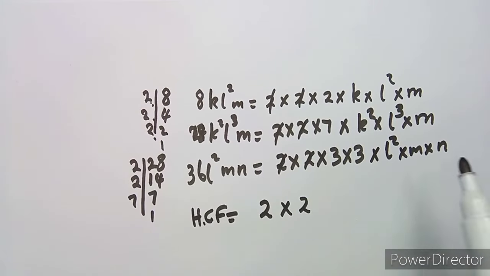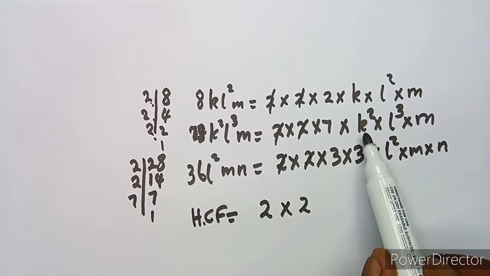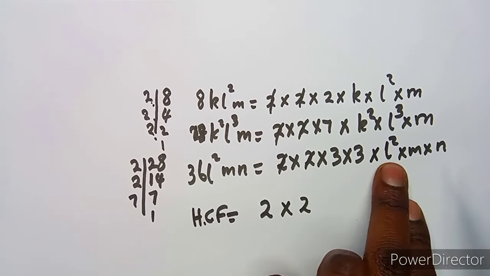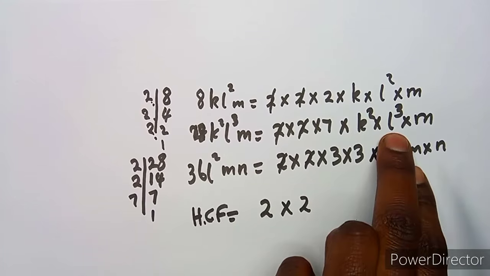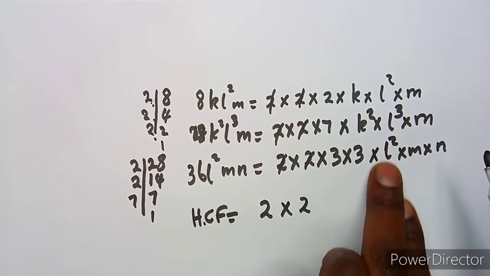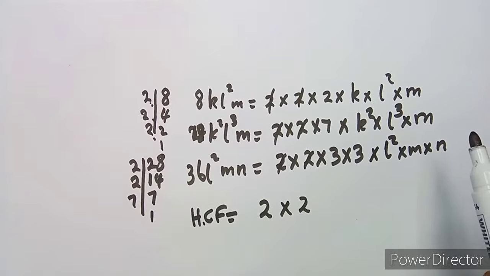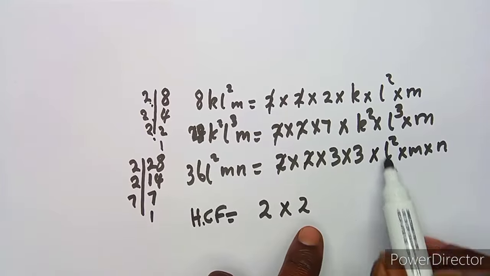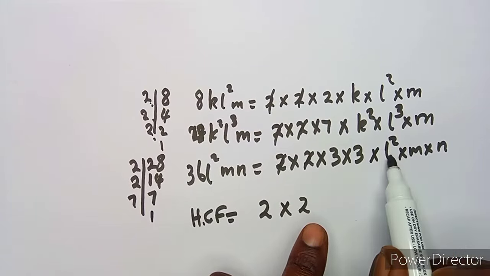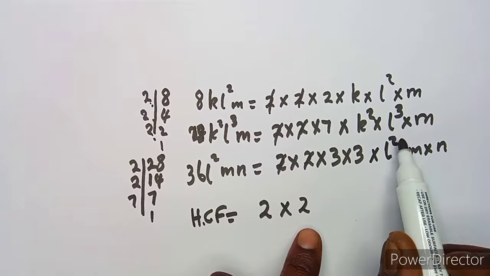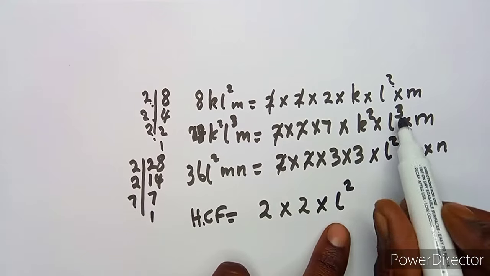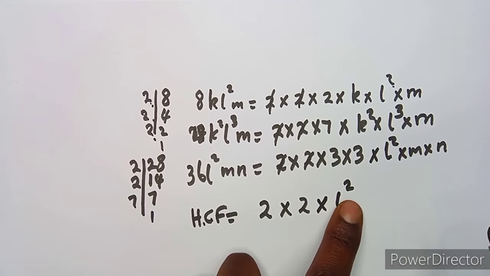We move on to the letters. K is not common. We have got K here, K, but here we do not have K, so it's not common. L is common. We've got L, we've got L, we've got L here. But how are we going to write this? For HCF, you're going to take the one with the smallest exponent. When it is common like this, you take the one with the smallest exponent, which is this one, L squared, or this one. So you're going to take L squared, the one with the smallest power, the smallest exponent.